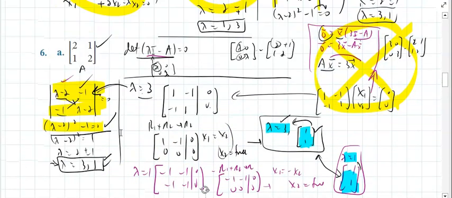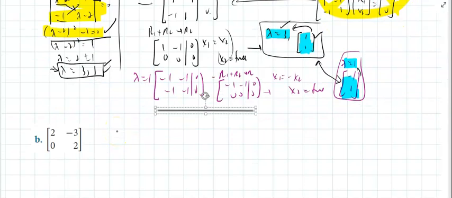So again, I've been doing this for a while. I'm so used to the determinant of A minus lambda I equals 0, but it's better the way the book does it here because you always get lambdas to be positive. This is A. They want us to find the eigenvalues and eigenvectors.